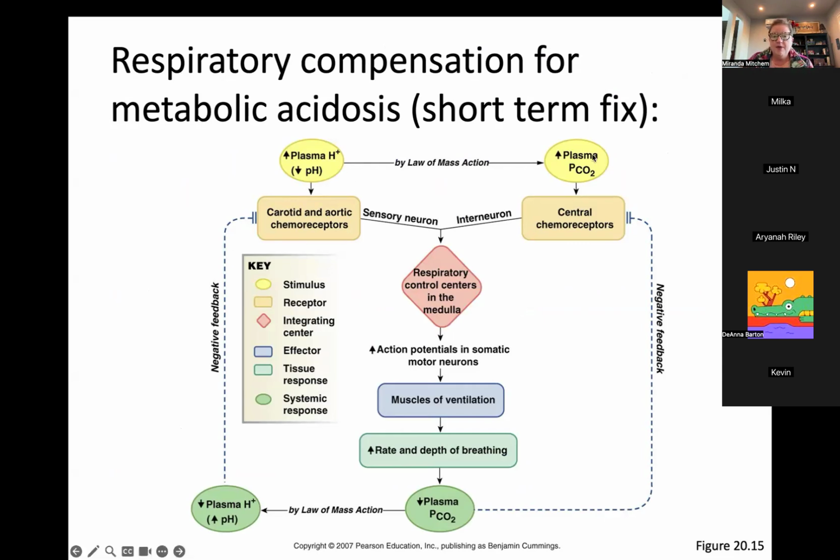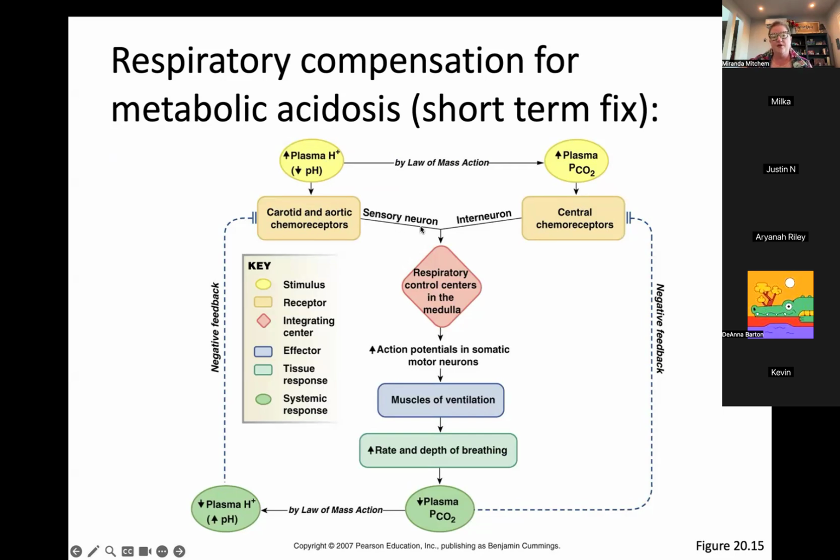So our two stimuli: we have an increased concentration of plasma hydrogen ion. So we're acidic. It's going to drop the pH, and our chemoreceptors are going to pick that up. They're going to measure pH and also hydrogen ion, which is what these carotid and aortic sensors do.